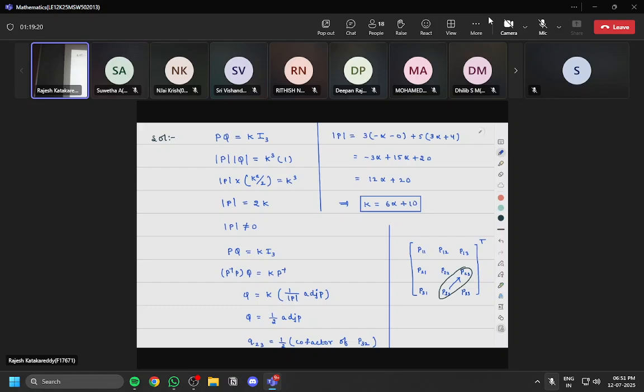For the important matrix, it was only the principal diagonal. Alpha plus gamma must be 0. You can also find the equation and raise it.